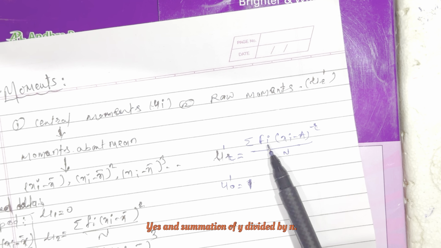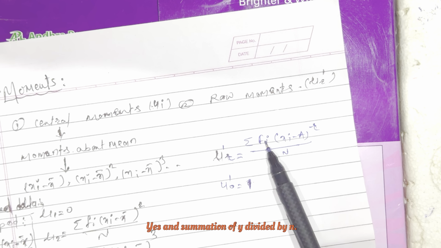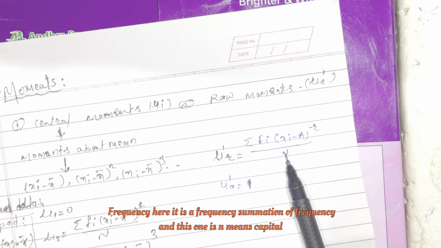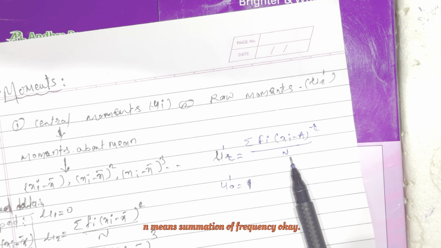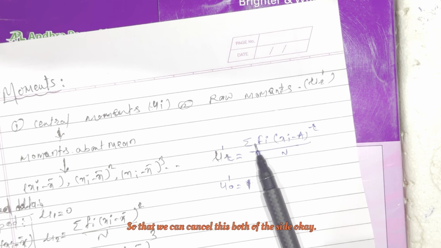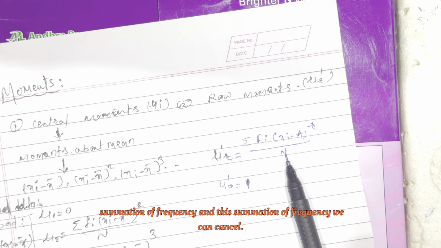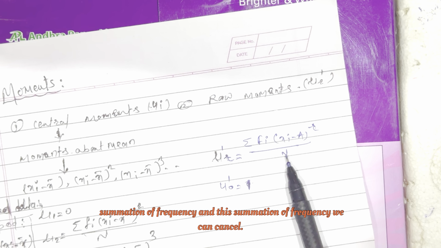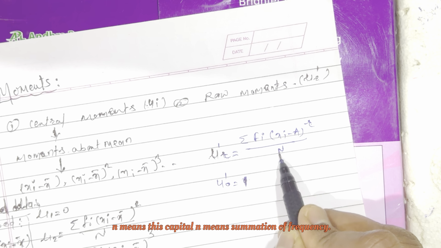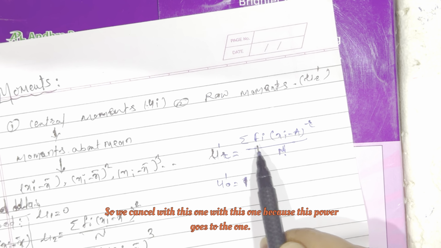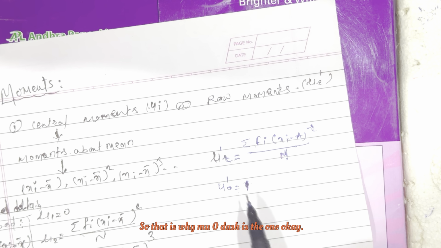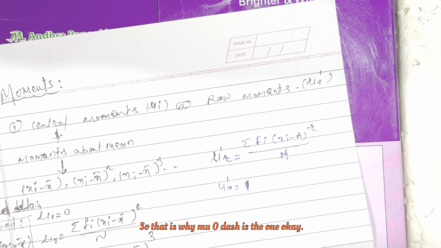The summation of fi divided by N: here fi is the frequency, and capital N means the summation of frequency, so we can cancel them on both sides. That is why mu 0 dash is 1.